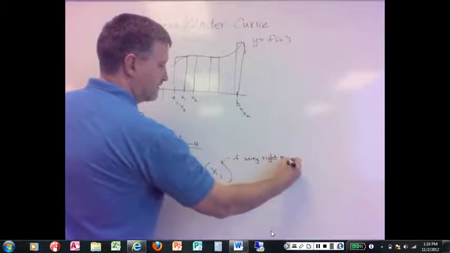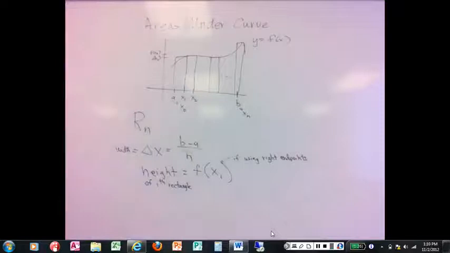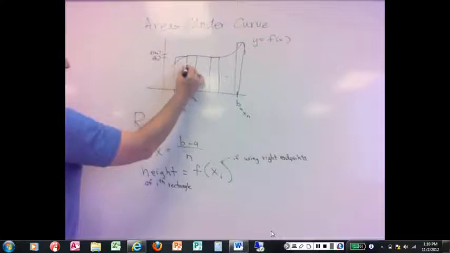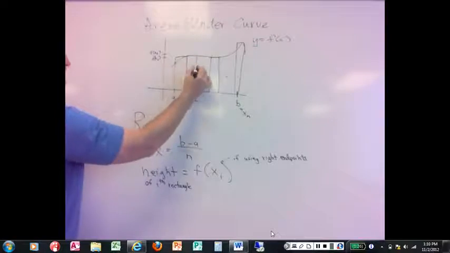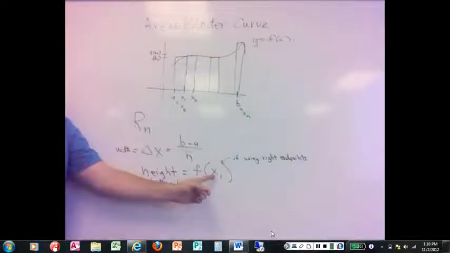If I use left endpoints, well, the first one would be f of x sub 0. The second one would be f of x sub 1. The third one would be f of x sub 2. So if I use left-hand endpoints, the height of the ith one is f of x sub i minus 1.